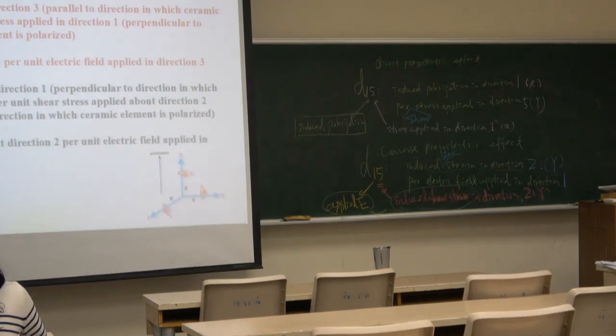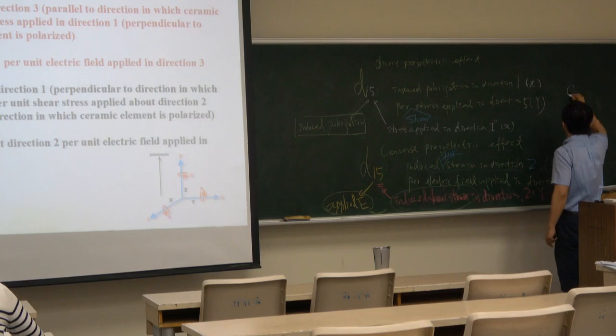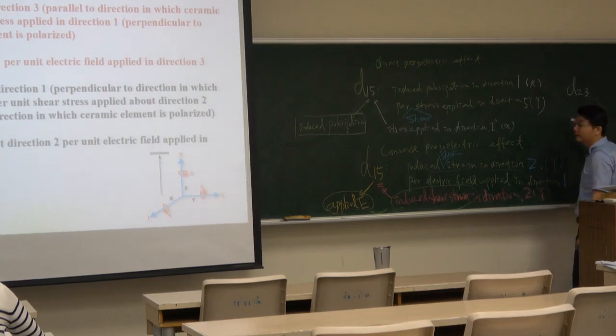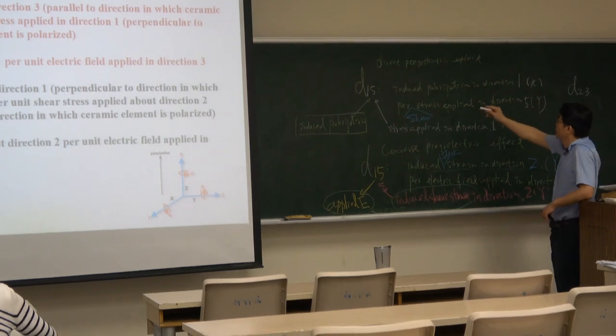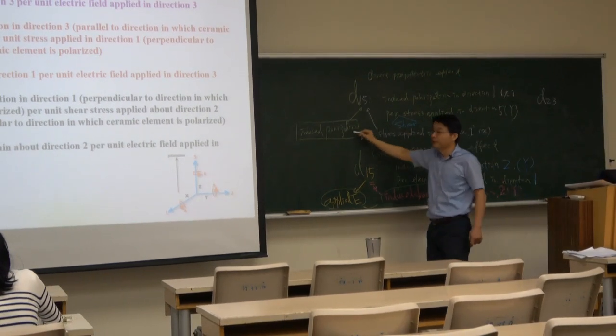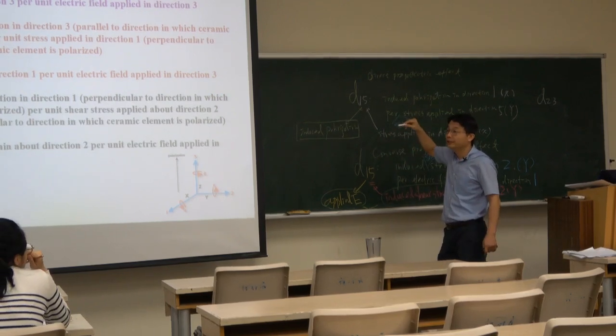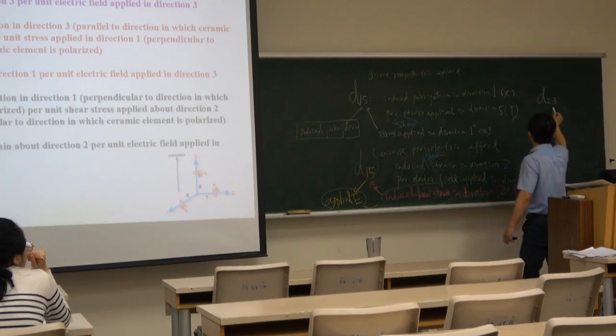So you have many. You can take, for example, D2,3. D2,3 doesn't mean this here. It induces polarization in the y direction, D2,3 in the y direction, per electrical field applied.